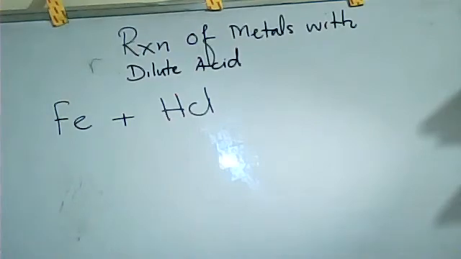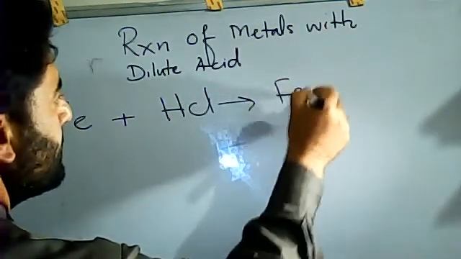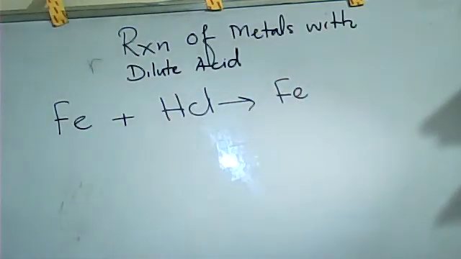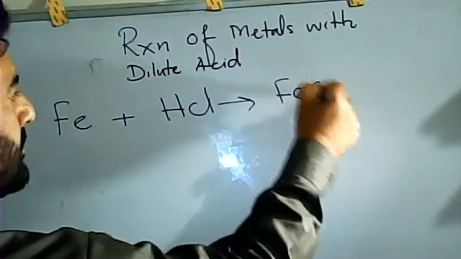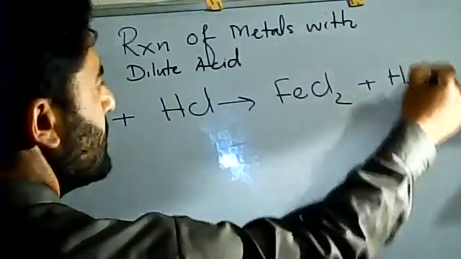Now this will react with hydrochloric acid to form ferrous chloride, FeCl2. And there will be liberation of hydrogen gas.